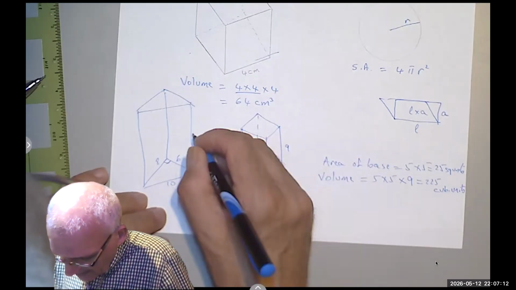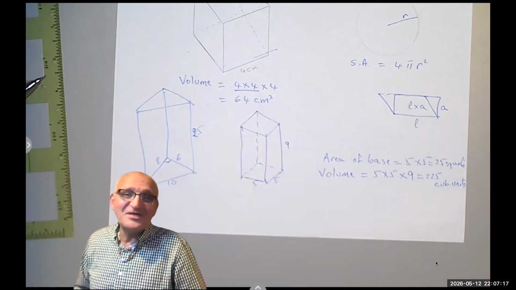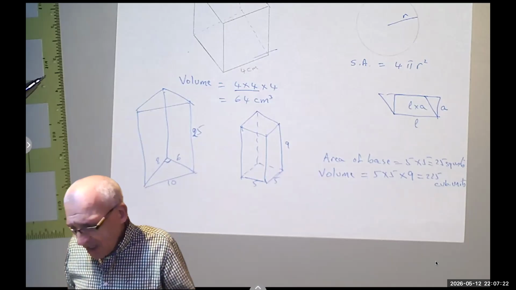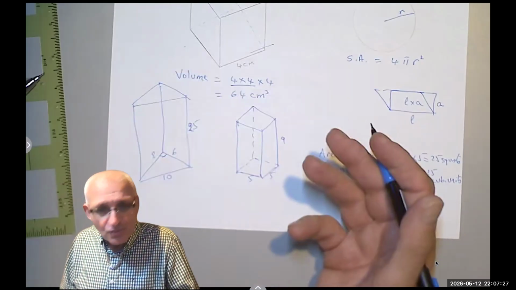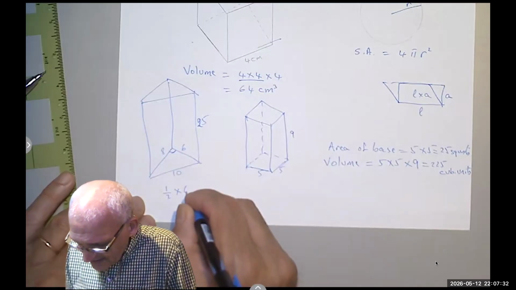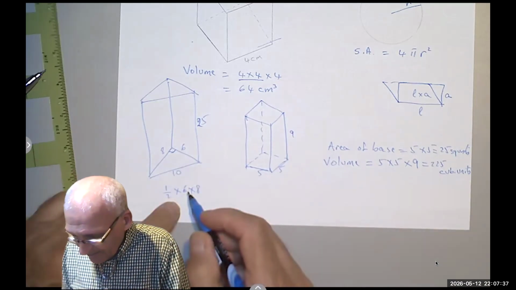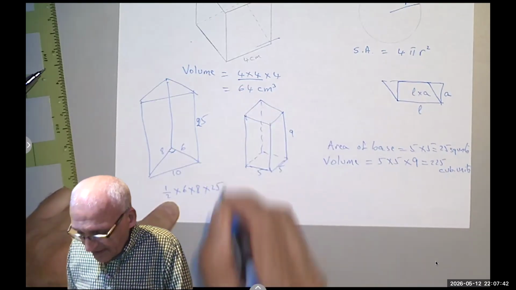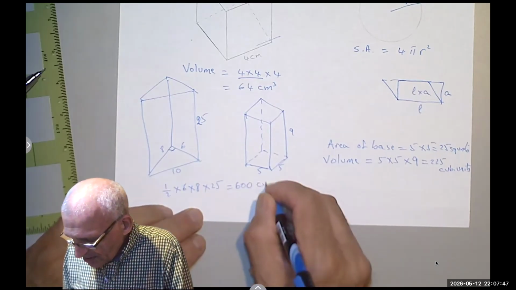And let's say the height is 25. If I ask you what is the volume of that triangular prism, you say, oh, it's the same area. It didn't change all the way. So all I have to do is find the area of the base, which is 1/2 base times height. I can consider either one as base and the other is height. And since it doesn't change for a distance of 25, I multiply that by 25, so that would be 600 cubic units.